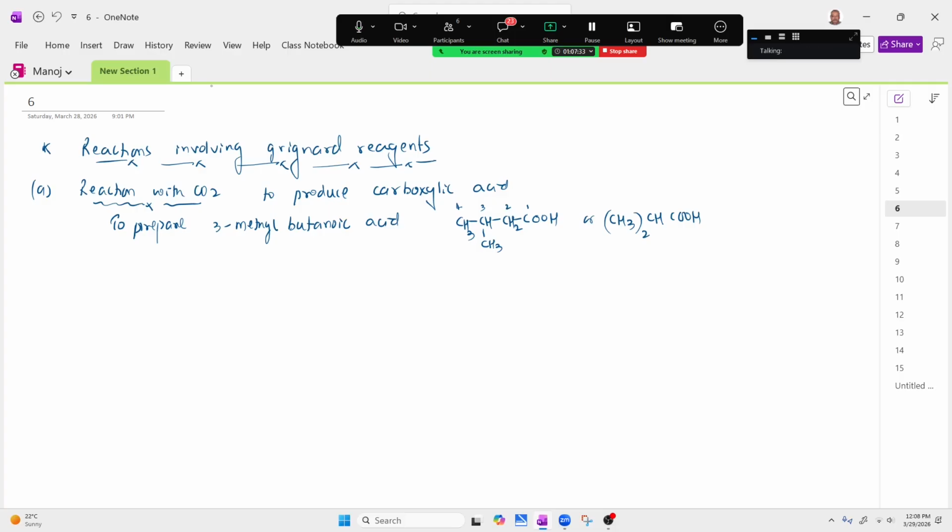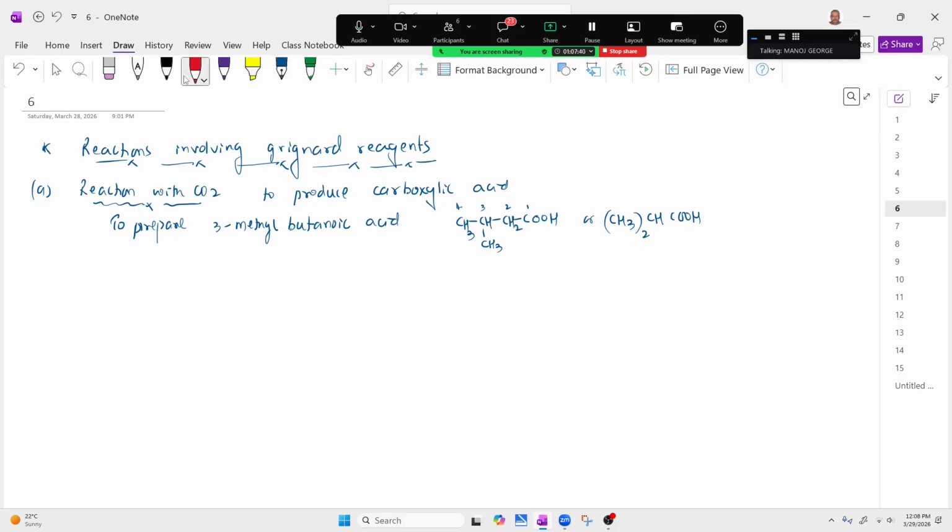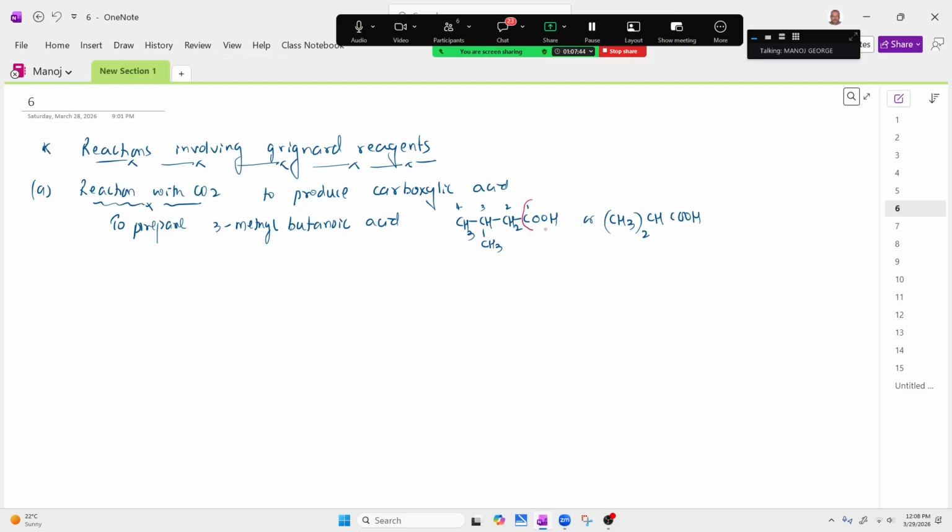Okay, so this is a simplified structure so that you know what's happening. So this is the trick which I wanted to emphasize. This part here is coming from CO2, and this part here is coming from the Grignard reagent.